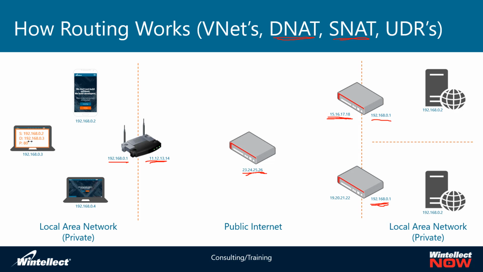Because its destination is this IP address here, and the source was from this phone. There's nothing that needs to happen to that packet, simply because it has, within the context of that packet, all of the information needed to route it from one host to the other one, because both of those hosts are on the same network. So the route table would tell this packet, hey, just send it directly to this host.